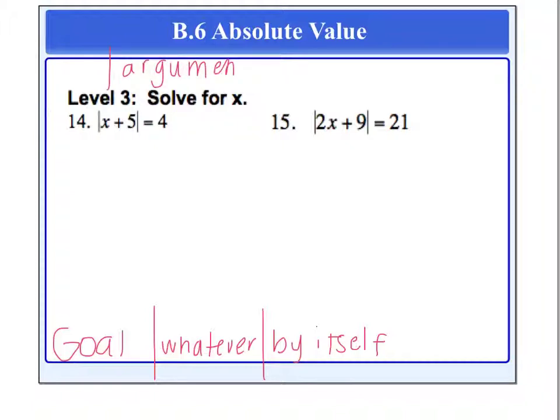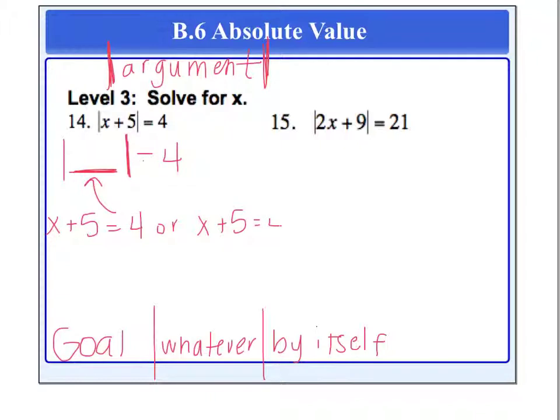So our argument is what's inside. And we're going to set that equal because, remember, looking at number 14, whatever's in here could equal 4. So that means whatever I just underlined, this x plus 5, could equal 4, or our x plus 5 could equal negative 4, because at the end of the day, the absolute value of 4 is 4, absolute value of negative 4 is 4. So we've got to figure out what those solutions are going to be.